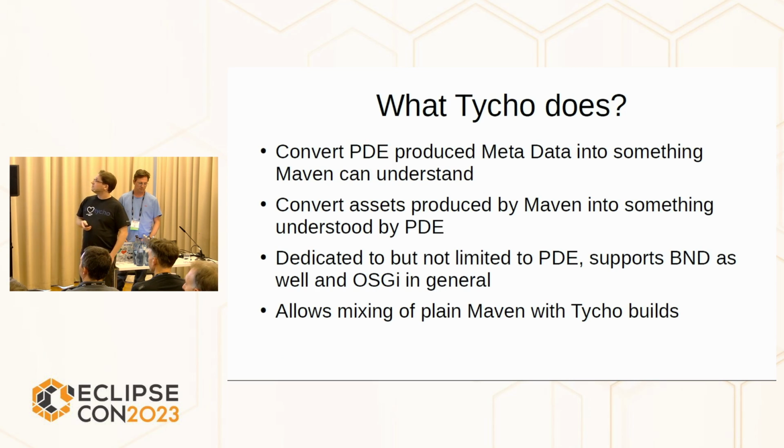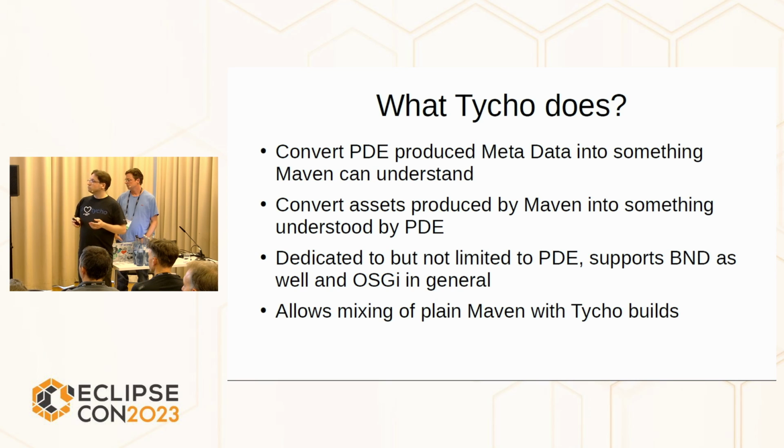So what Tycho does: Tycho converts your PDE metadata into something that Maven can understand, because by default, Maven has no clue about manifests or features or something like that. And another important part is, of course, that I want something that is produced by the Maven build converted into something that can later also be understood by PDE.